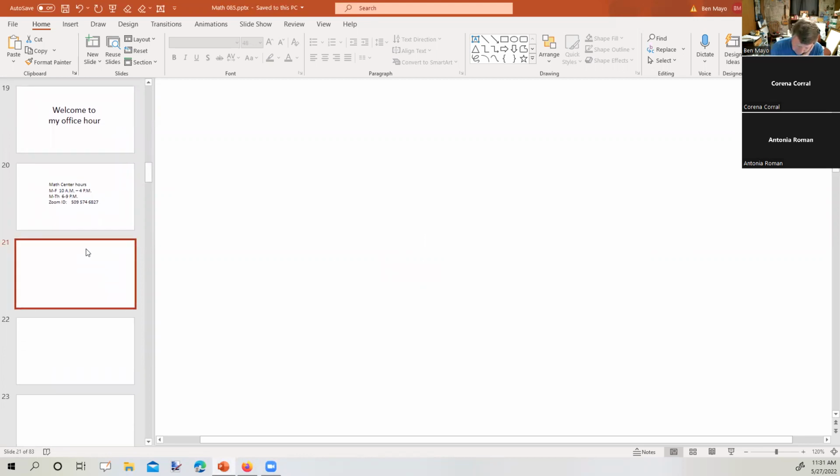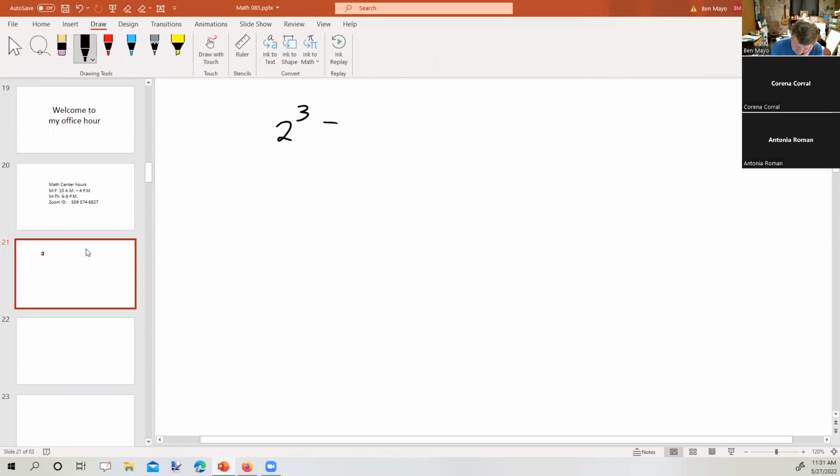Would you agree that 2 cubed is equal to 8? And that 2 to the 4th power equals 16. But 2 to what power would equal, let's say, 10?